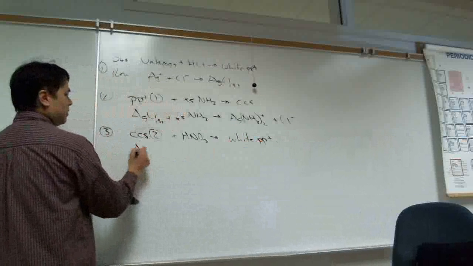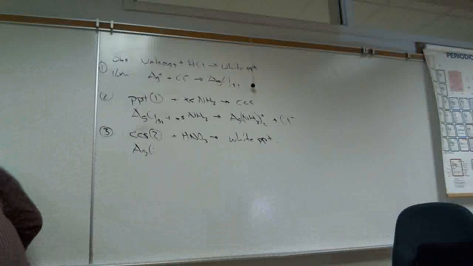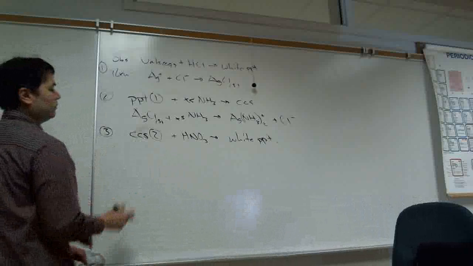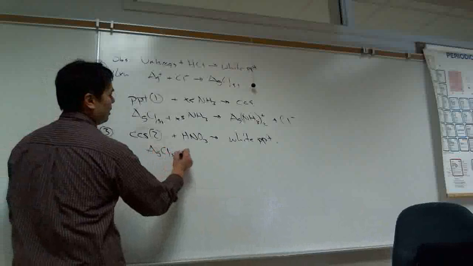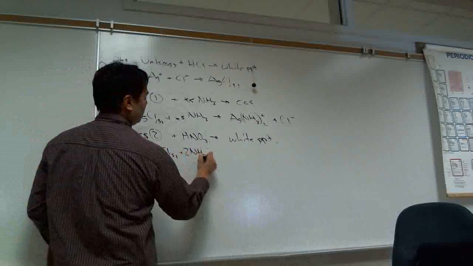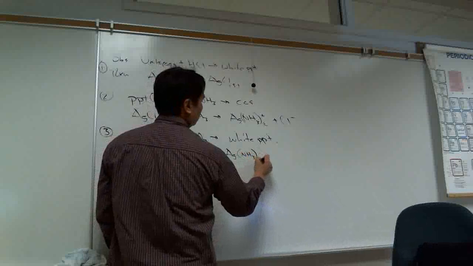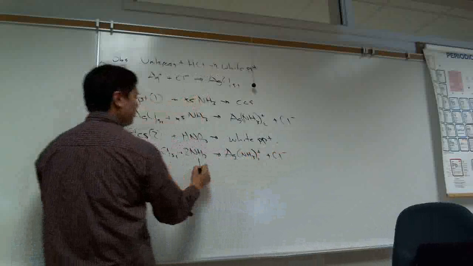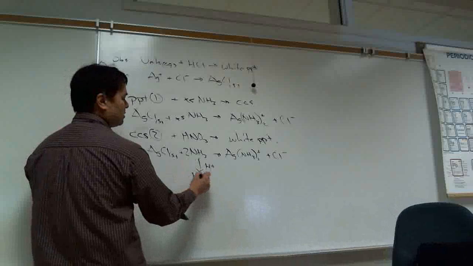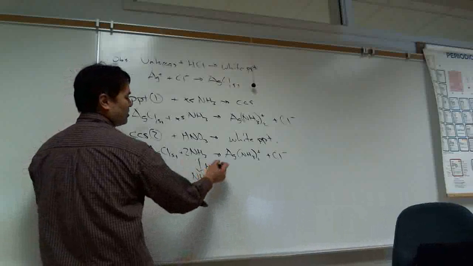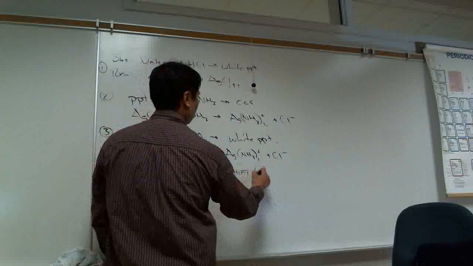The CCS from part 2 contains the diamine silver ion. There are 2 ways we could show this. Let's do it using Le Chatelier's. We look at this equilibrium: silver chloride plus 2 NH3 yields the Ag(NH3)2 plus ion and chloride. The H plus from nitric acid will attack this and generate ammonium, which is going to result in a shift left.